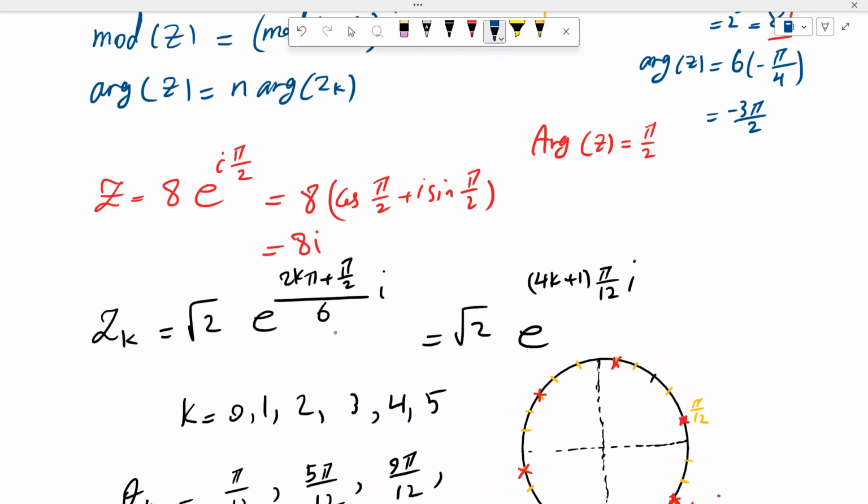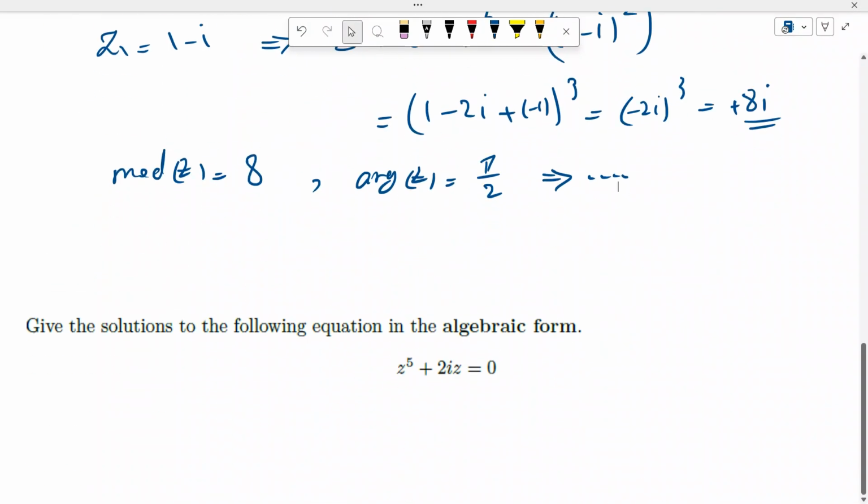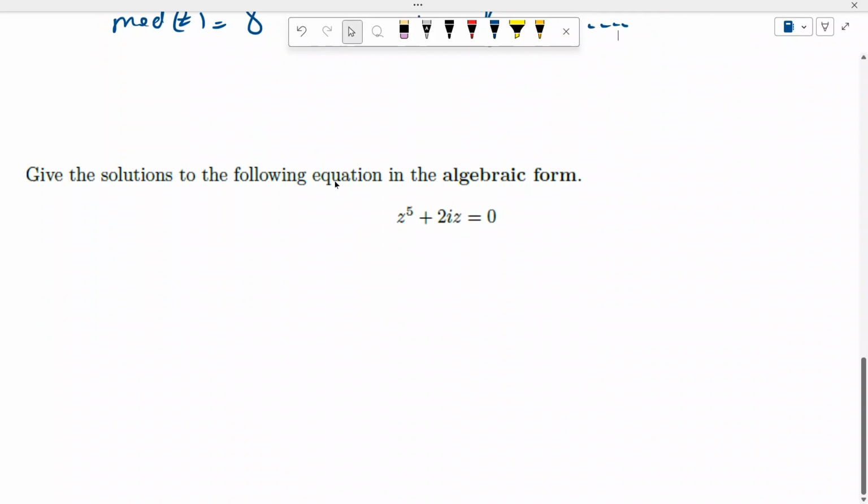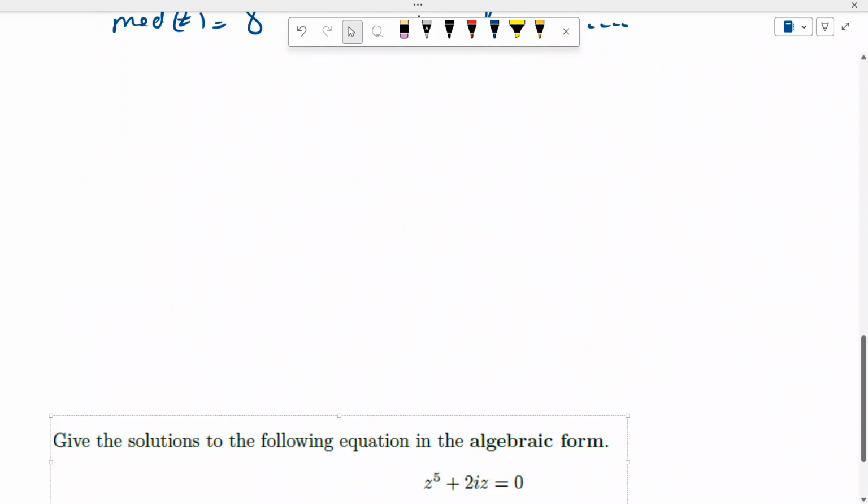If I want to find zk, it's going to be r to the 1/6 and e to the i times (2k pi plus theta) over 6.